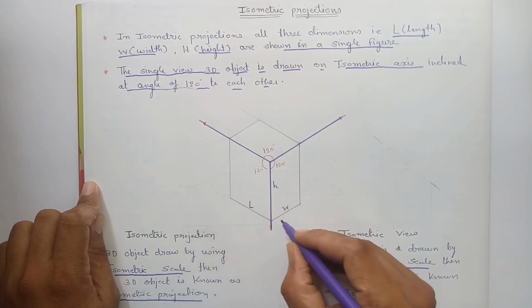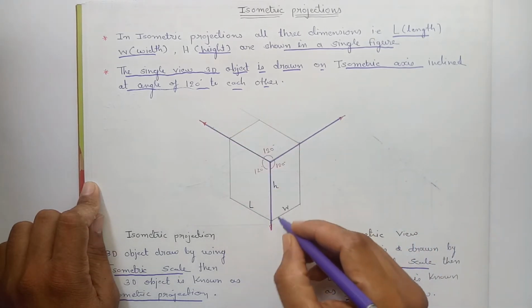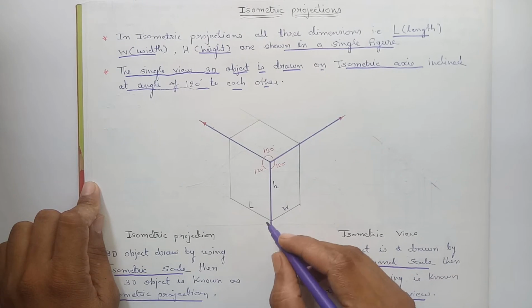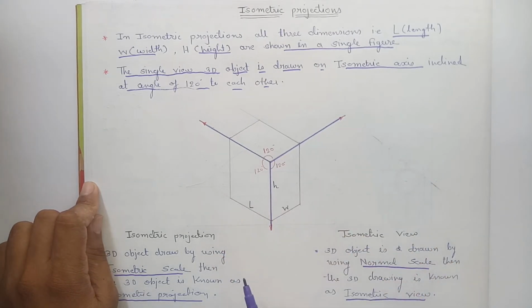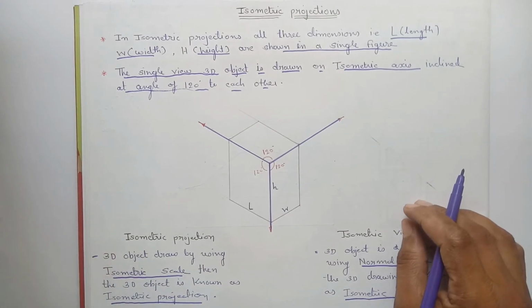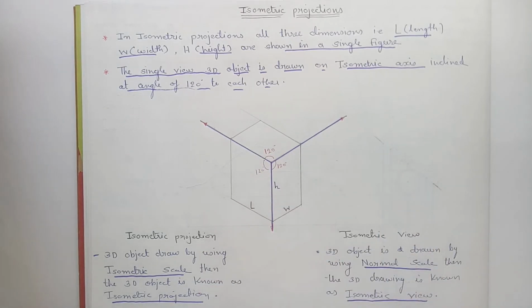This is the length, and we can see that the isometric axes are inclined at an angle of 120 degrees to each other. So this is the length, width and height. So the single 3D view of the object is drawn on isometric axes which are inclined at an angle of 120 degrees to each other.